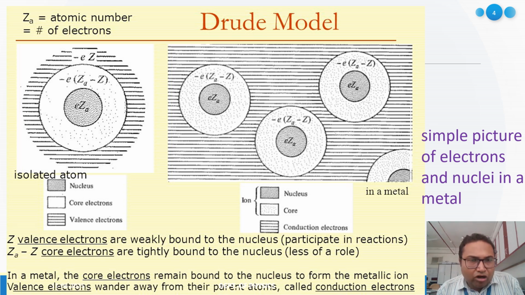Now, the basic idea we had is that at the center there is a nucleus, which mostly consists of protons. So this is the nucleus part, and then there are a few electrons revolving around the nucleus, close to the nucleus, which we term core electrons.